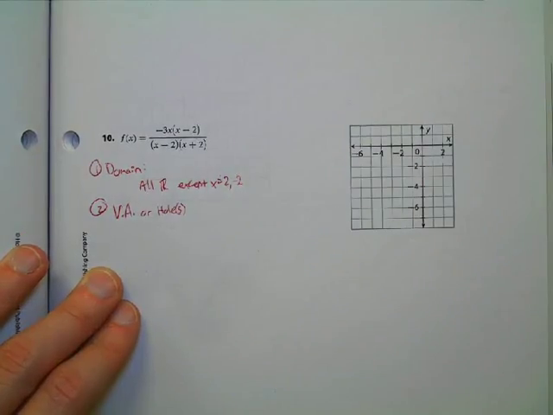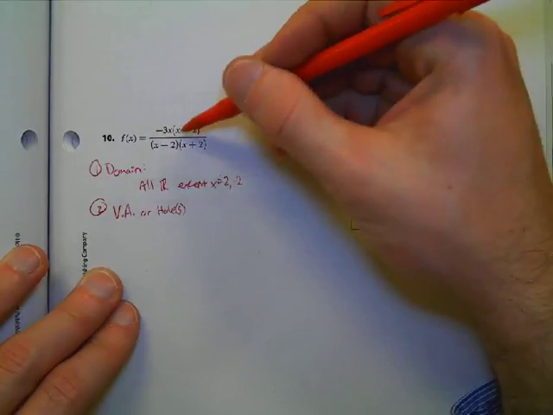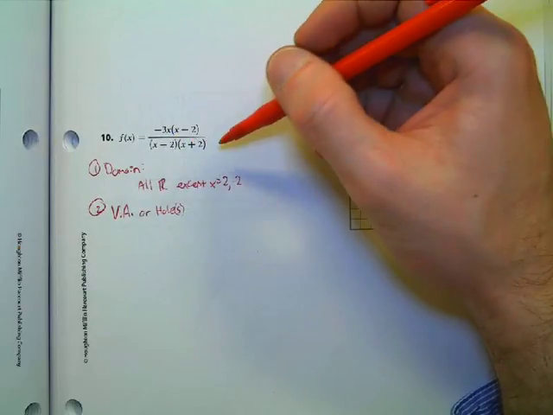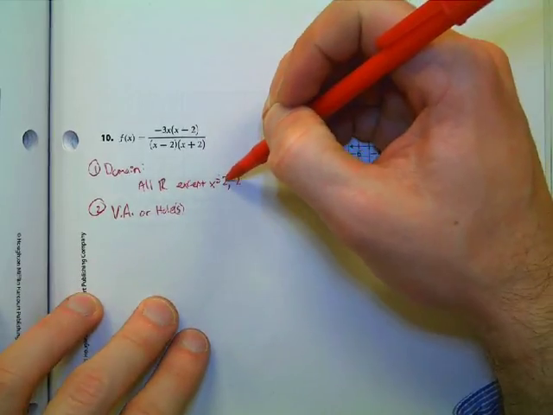All right, great. And so where is our vertical asymptote going to be? It's at x equals negative 2, the other value. The factor for negative 2 does not cancel out with anything, while the x minus 2 factors do cancel out. So that's a vertical asymptote.